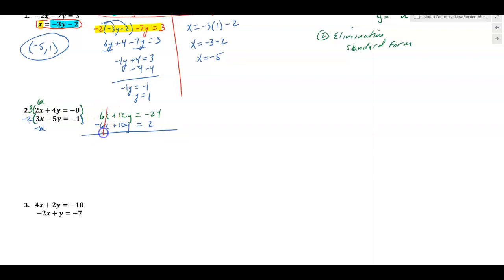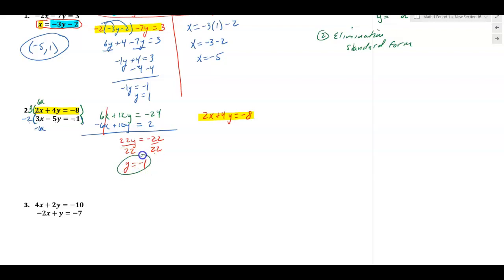Now, if I look, the x's add up to 0, they eliminate. Now, 12y plus 10y is 22y equals negative 22. I can divide by 22, and negative 22 divided by 22 is negative 1. Now I go back to one of the original equations, say 2x plus 4y equals negative 8. So basically I took this equation, brought it over here.